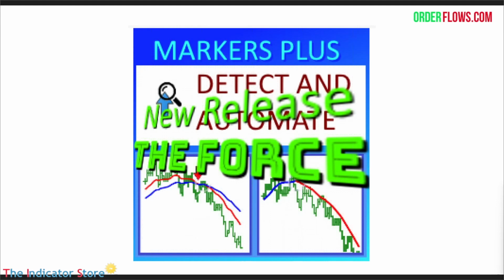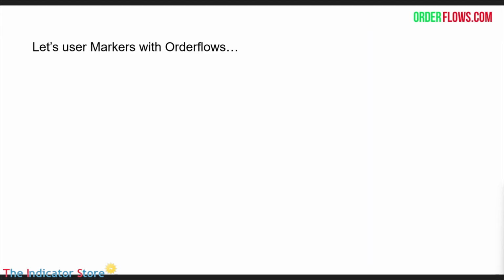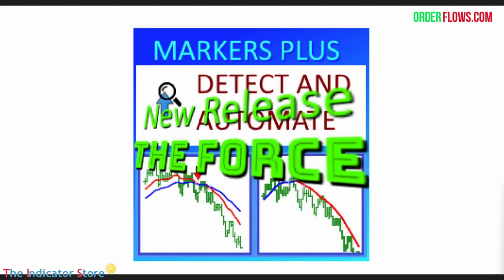That's why I'm happy to bring Pablo in today to discuss Markers, because what I'm going to talk about is using not just the order flow indicator itself, like Delta Scalper, but how to actually filter out trades using Markers, and to confirm what I'm seeing in there and take the trade. So I'll get into it when it's my turn to speak. But for now, I'm going to turn it over to Pablo here.